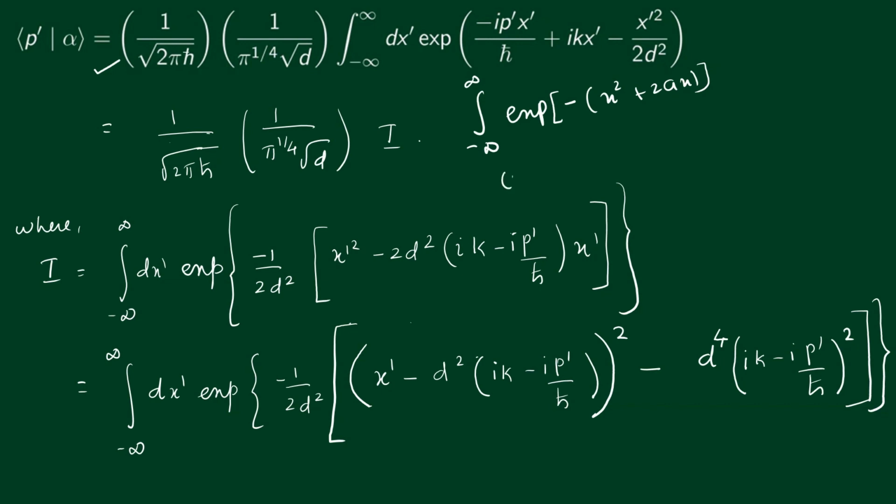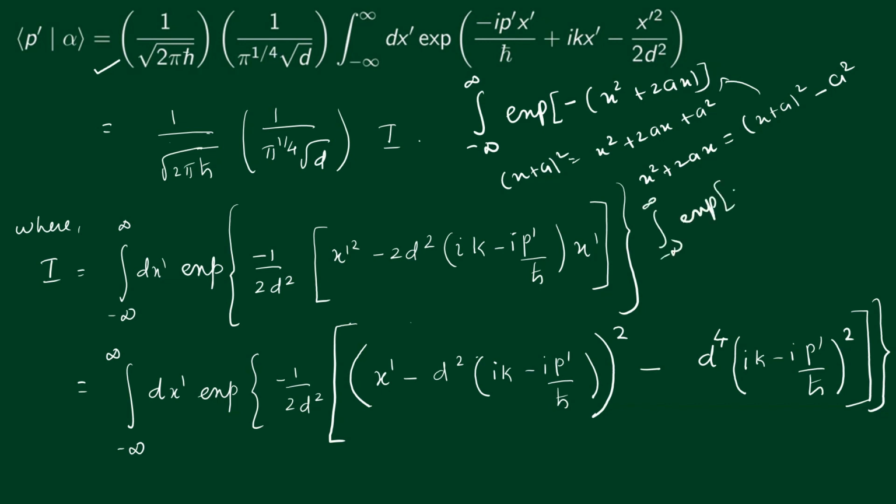Because if you look at x plus a whole square, this is x square plus 2ax plus a square. This means that x square plus 2ax can be written as x plus a whole square minus a square.